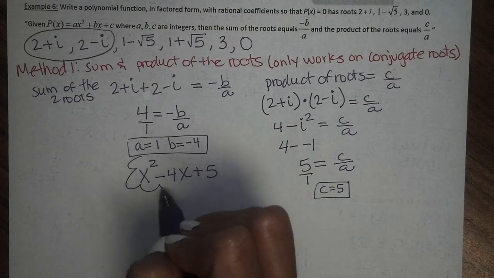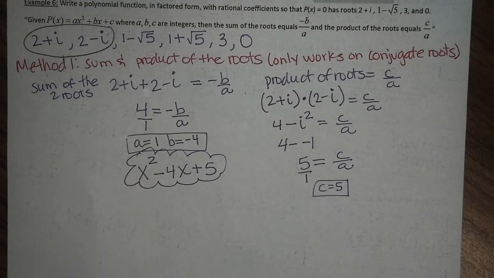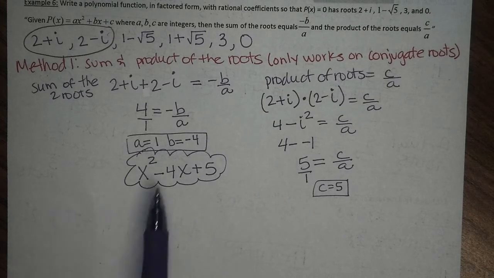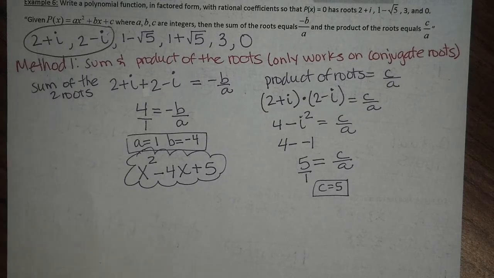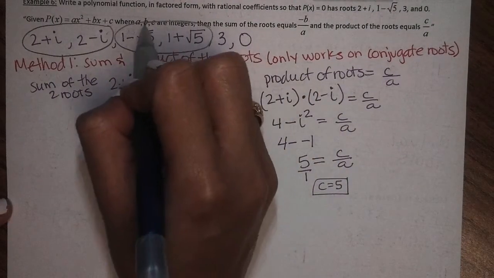So this quadratic is going to be part of my final answer. Your polynomial is going to have a quadratic which takes care of these two roots. Now we need to find the rest of the polynomial. So we need to find another quadratic that's going to give you the other conjugate roots, right here.